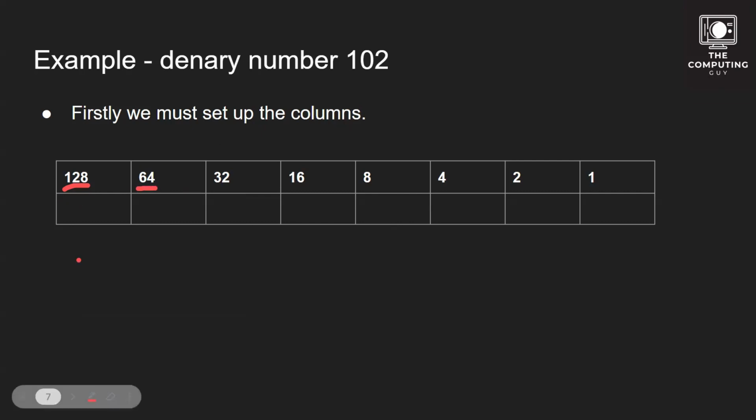So I will write my working outs here. So we've got 102 minus 64. Please do forgive me if my handwriting is not the best.